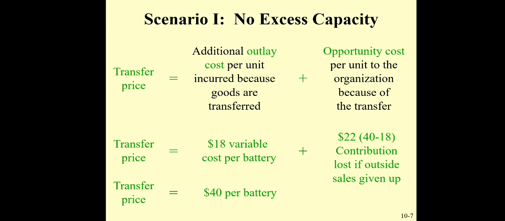That is the contribution margin lost if outside sales are given up. It means that if the battery division does not sell the battery to the outsider, then this is the amount that the battery division has to sacrifice for not selling the battery to the outsider. So transfer price equals $40 per battery. That is the transfer price. That is the answer for the question.